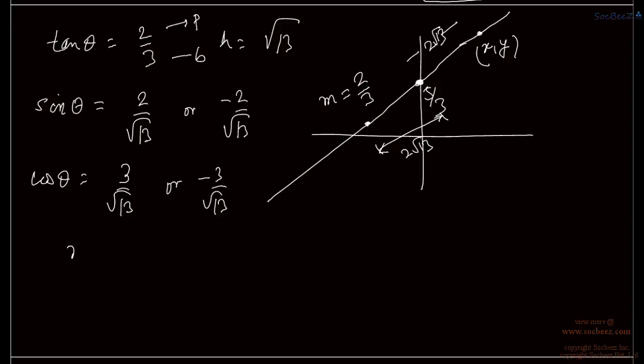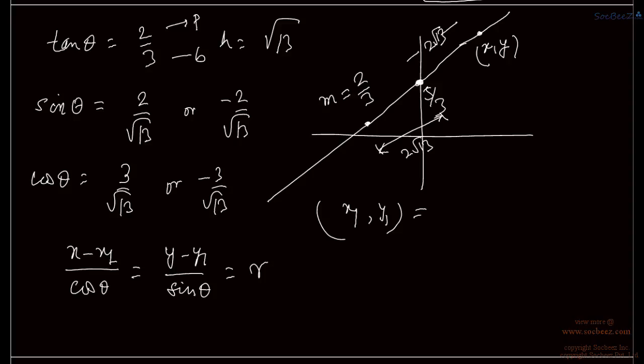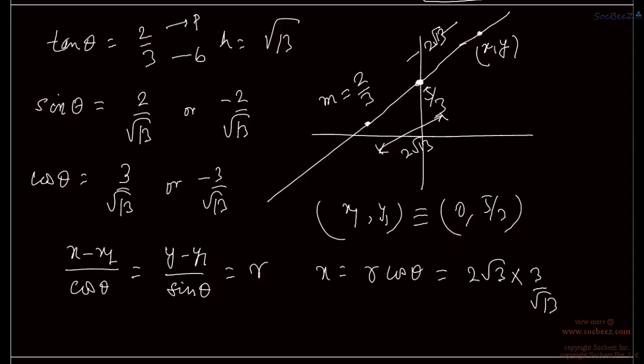So we have the equation in parametric form. X minus x1 upon cos theta is equal to y minus y1 upon sin theta is equal to r. Okay, so here we have x1 y1 as 0, 5 by 3, this point. So we have x as simply r cos theta, where r is 2 root 13 and cos theta can be either 3 upon root 13 or minus 3 upon root 13, plus minus.